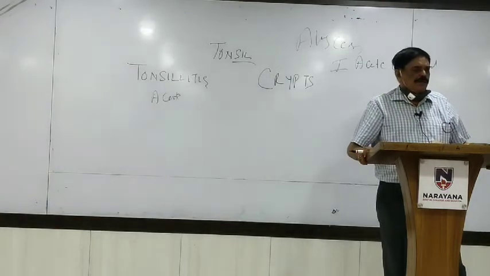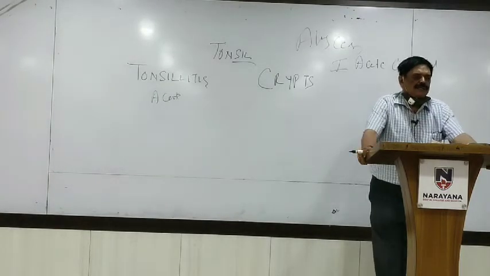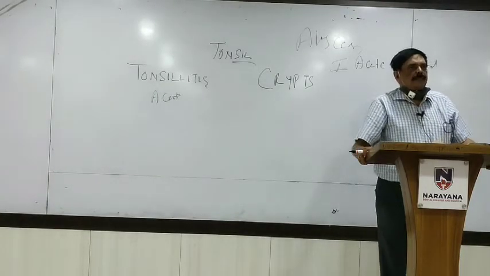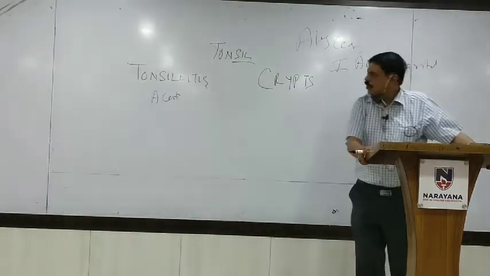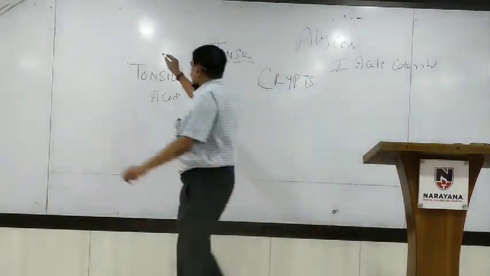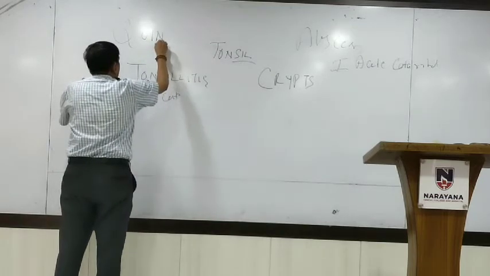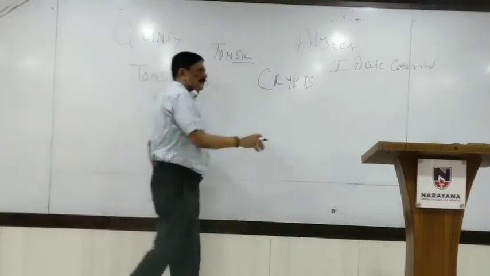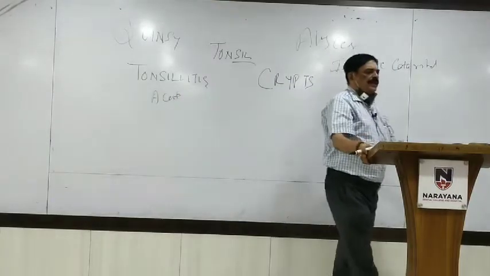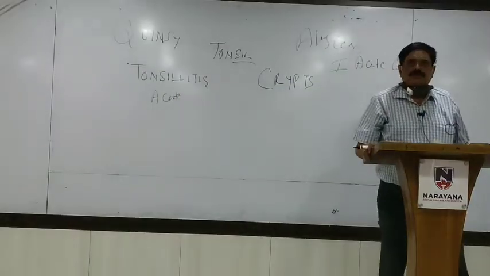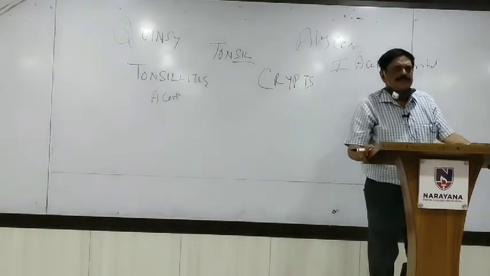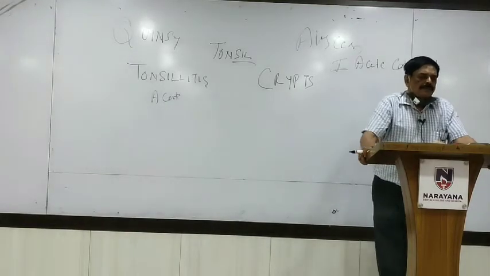So what are all the complications of chronic tonsillitis? Number one is the peritonsillar abscess, which is also called a quinsy. Then you have a parapharyngeal abscess. At the side of the pharynx, you get an abscess. That's called the parapharyngeal abscess.